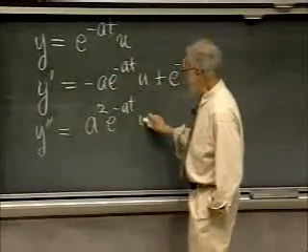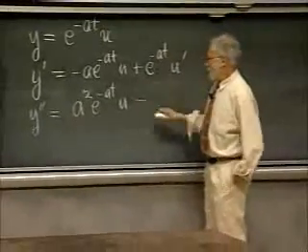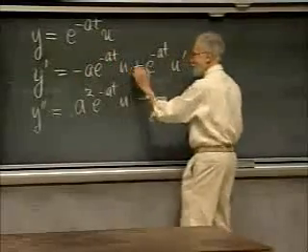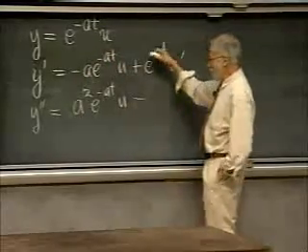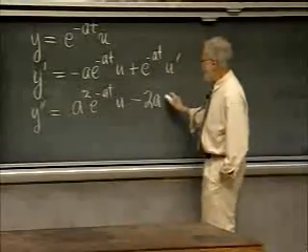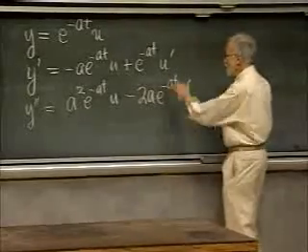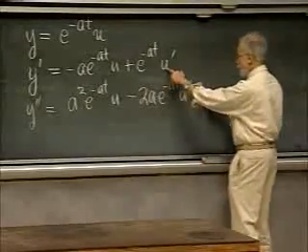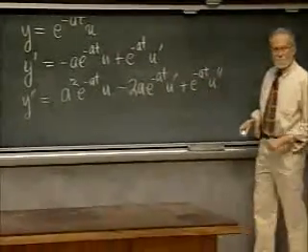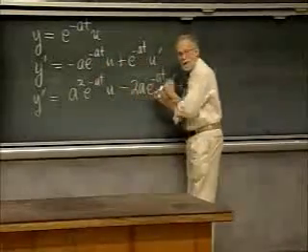I'll have to do this a little fast, but the next term will be minus a e to the minus at u prime, and from this you're going to get another minus. So combining what you get from here and here, you're going to get minus 2a e to the minus at u prime. And then there's a final term which comes from this, e to the minus at u double prime. 2 of these because a piece here and a piece here combined to make that.